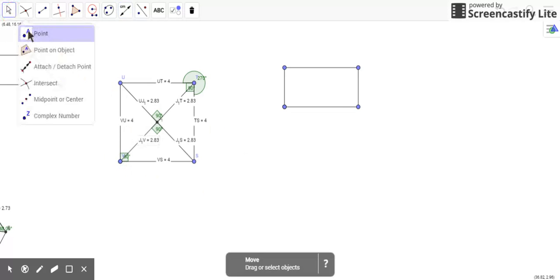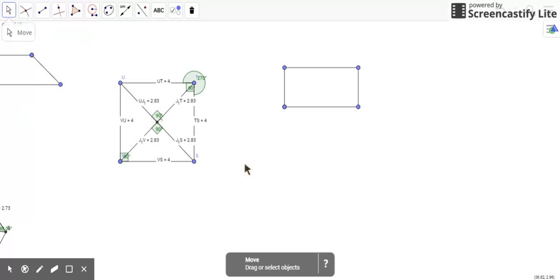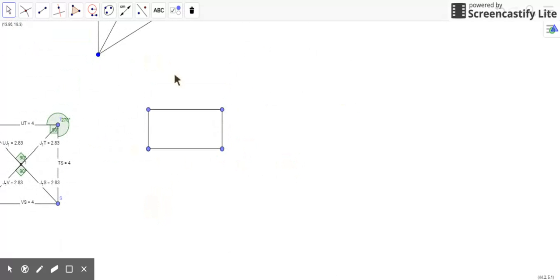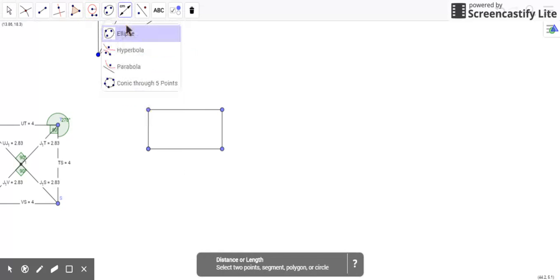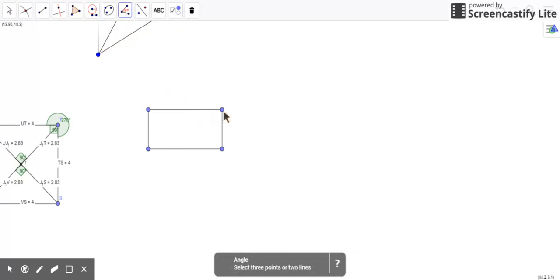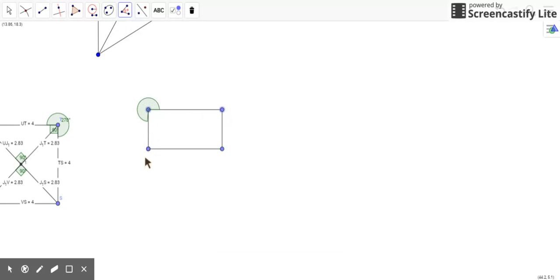The next thing I'll show you is a rectangle. And as you know, all angles are 90 degrees, and I'll show you that right now. There you go, 90 degrees.